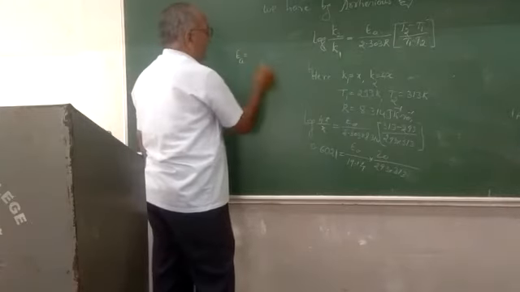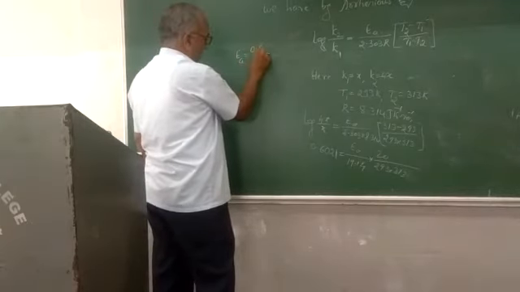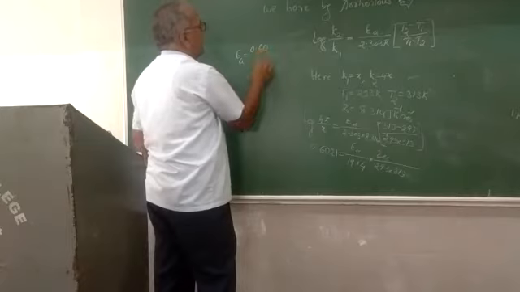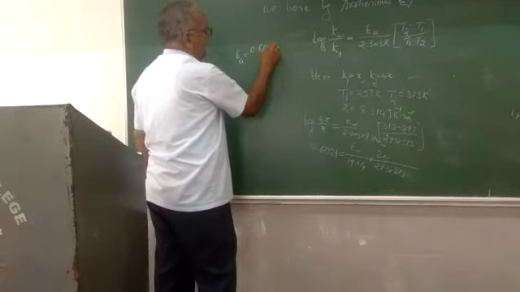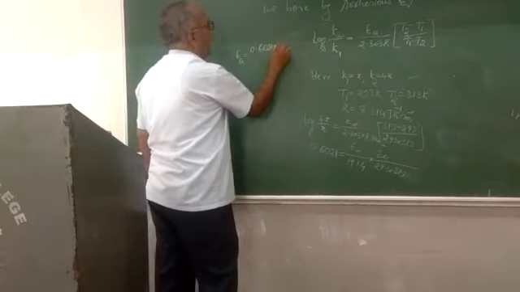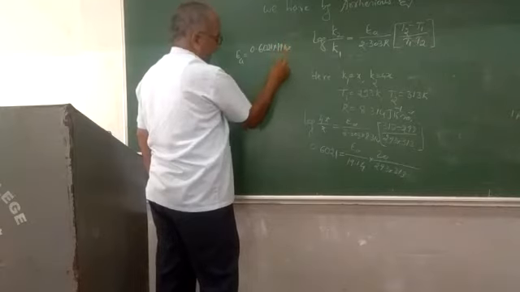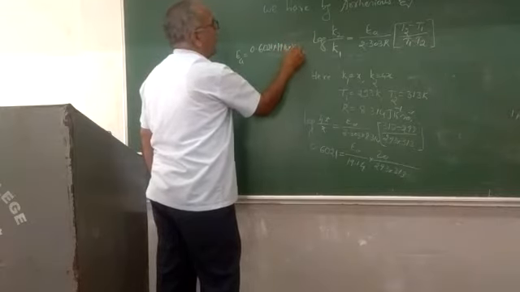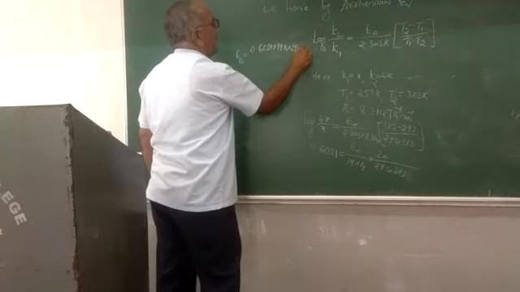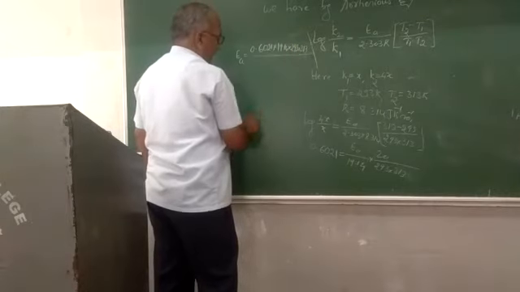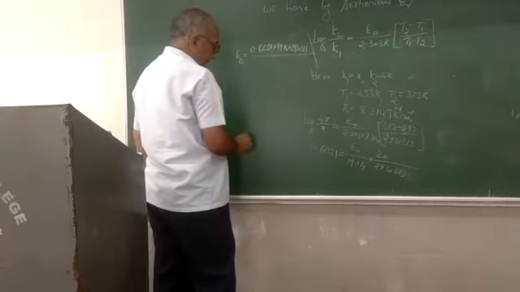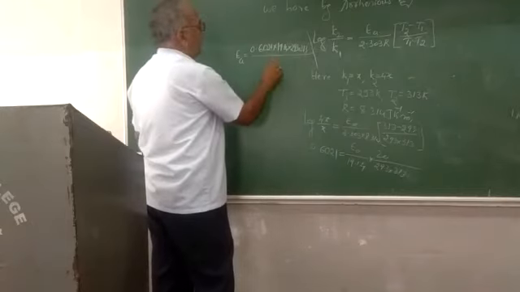Keep the Ea as it is. Bring the rest of the terms to one side. 0.6021 into 19.14 into 293 into 313 divided by 20.